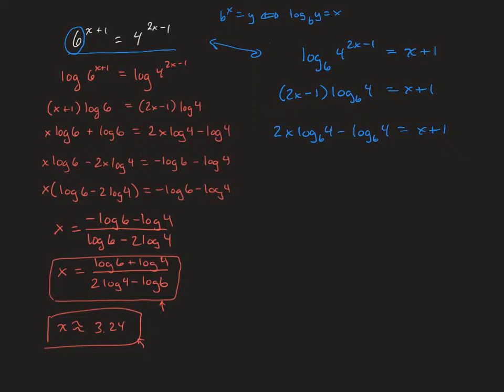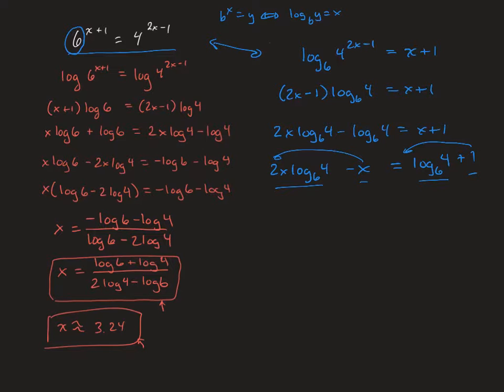Just like the other method, I'm going to collect the x's on one side and everything else on the other. So I get 2x log base 6 of 4 minus x equals log base 6 of 4 plus 1. And keeping in mind that this is separate from this and this is separate from that.